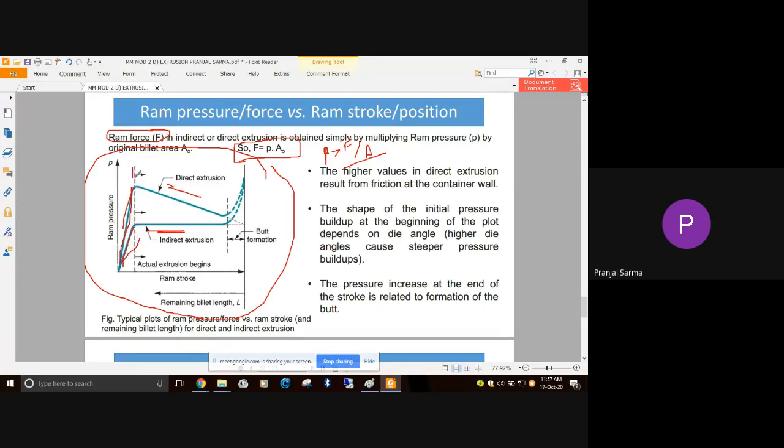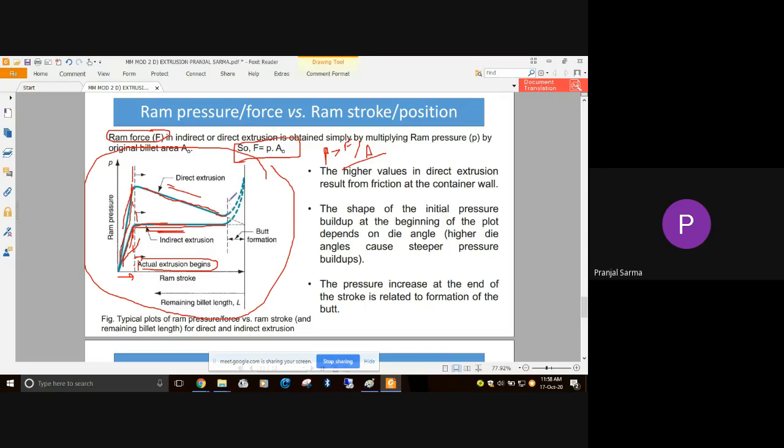After it has been compressed and a sufficient level of pressure has been obtained, only then will the actual extrusion begin, from here, not from zero. After that, in the case of direct extrusion, it generally gradually comes down, and in the case of indirect extrusion, as there is no friction etc., once the pressure has been built up, it will remain static there.